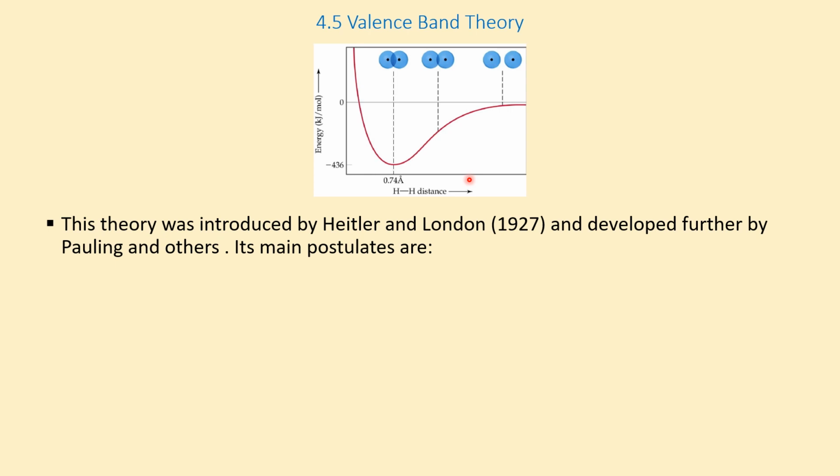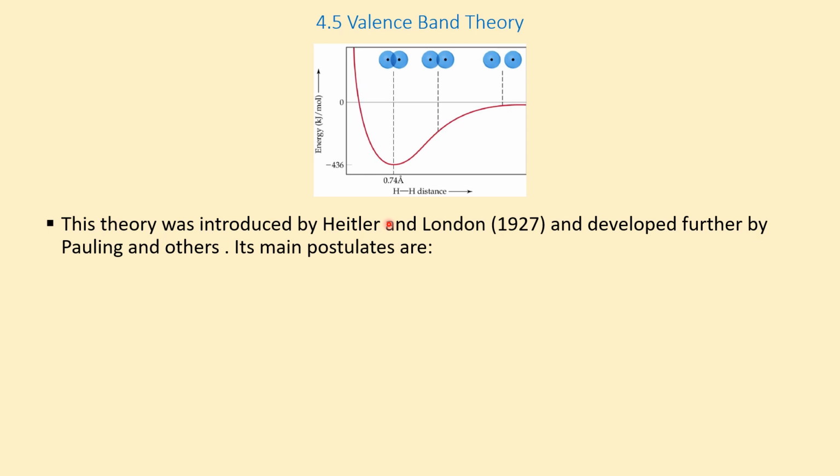As these two atoms approach each other, new attractive and repulsive forces begin to form. As they are approaching nearer, new attractive and repulsive forces begin to operate. Attractive forces arise between the nucleus of one atom and its own electron, that is Na minus Ea and Nb minus Eb, and between the nucleus of one atom and the electron of the other atom, that is Na minus Eb and Nb minus Ea.